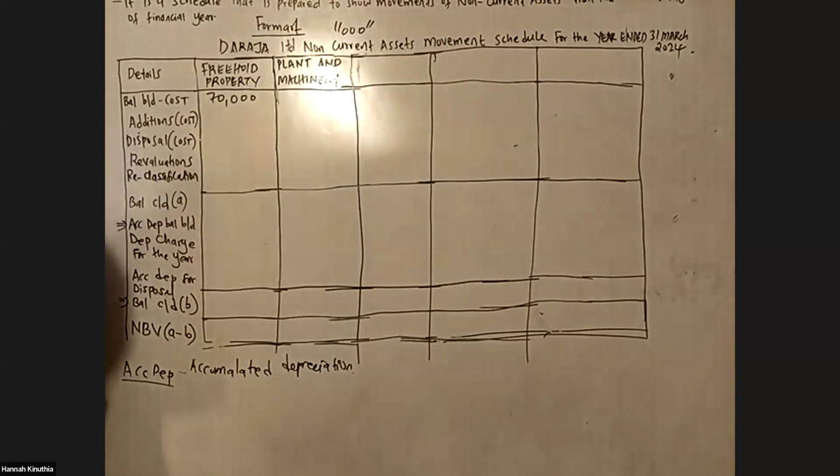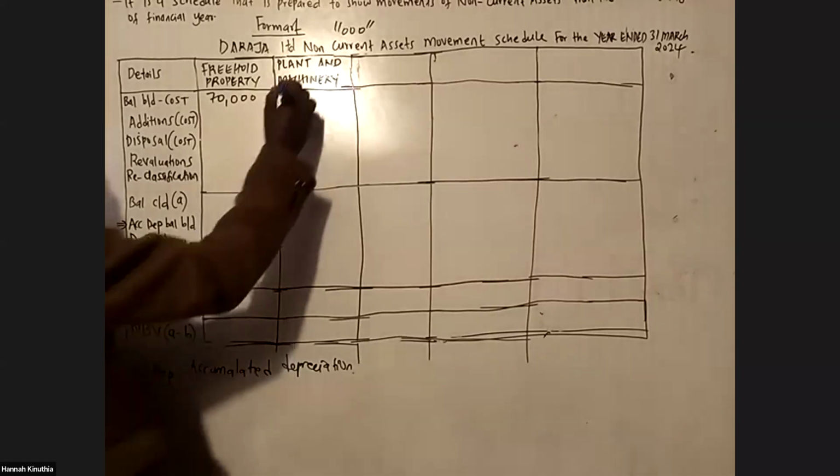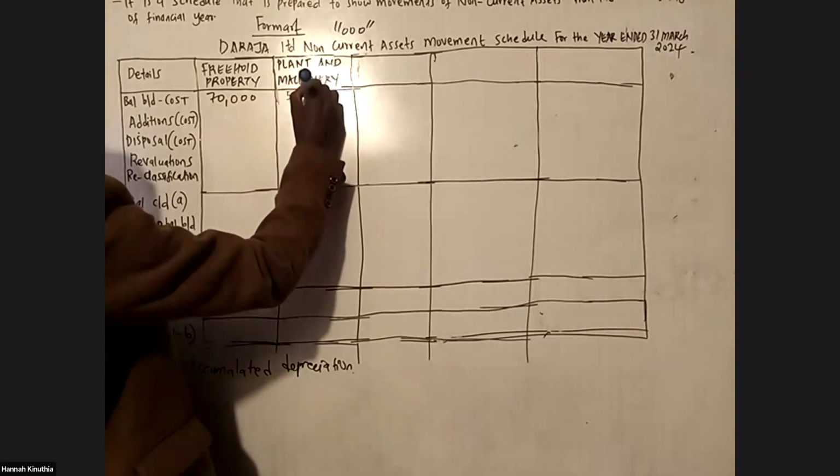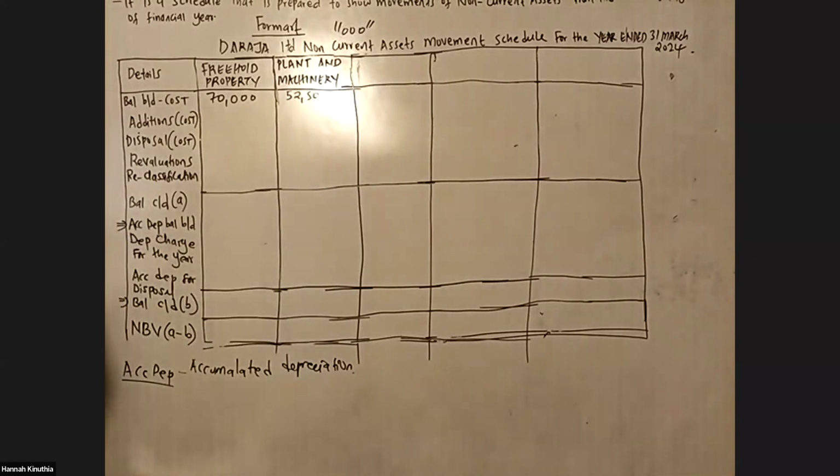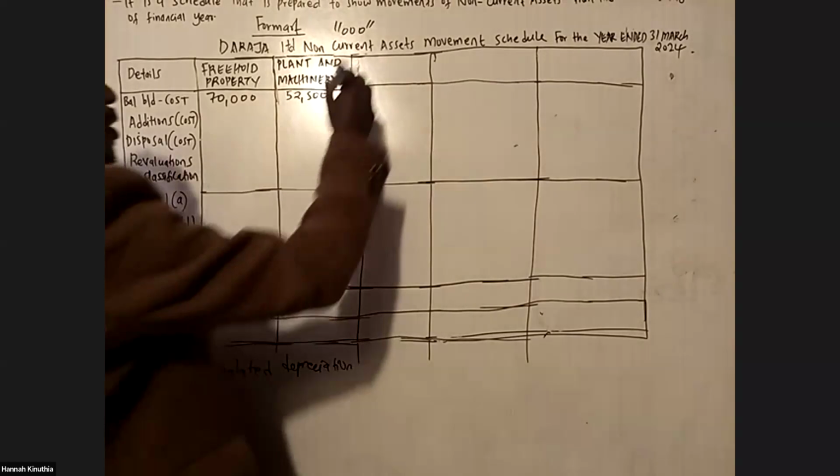The cost for plant and machinery is 52,500. I hope you can see it clearly. Office equipment is our next figure.